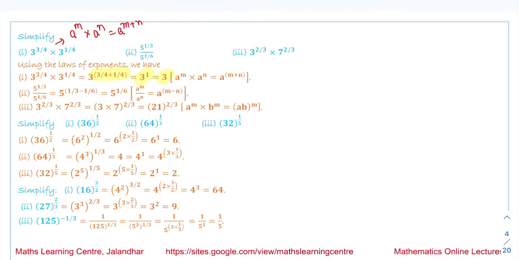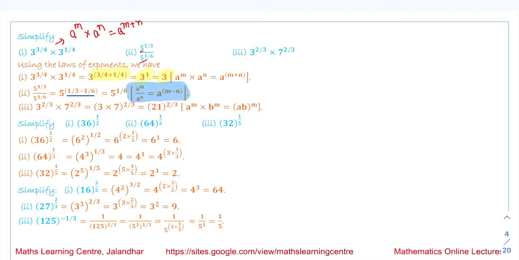In the second part, the 5 is the same in both cases, and the powers are different. So the formula we are going to use is a raised to the power m over a raised to the power n, equal to a raised to the power m minus n. So the powers get subtracted. It is 1 by 3 minus 1 by 6.